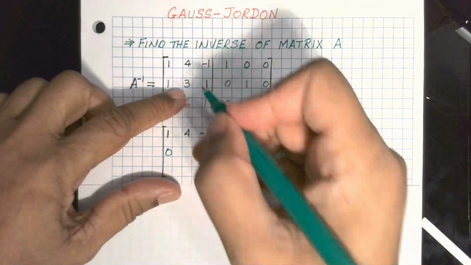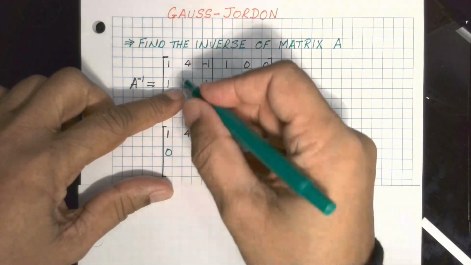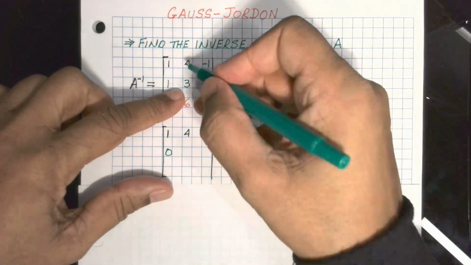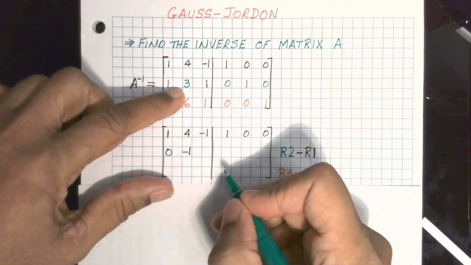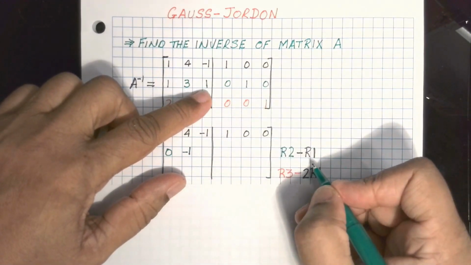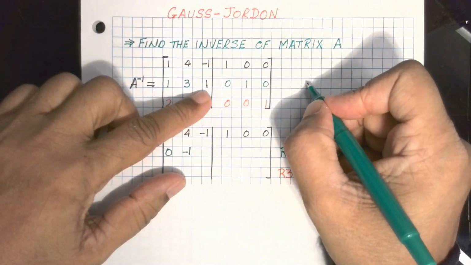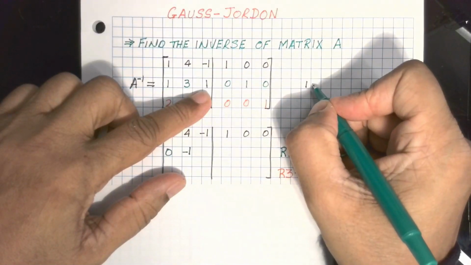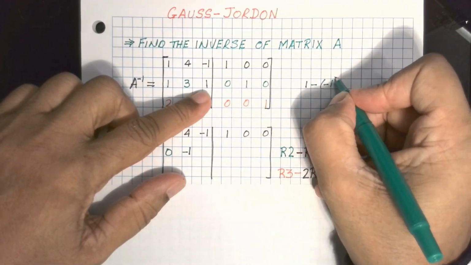Row 2 minus row 1 will give me a minus, let's see here, row 2 minus row 1, minus 1. Right? And then we have row 2 minus row 1. This one, I'm going to just do this. We have row 2 is 1 minus a minus 1.